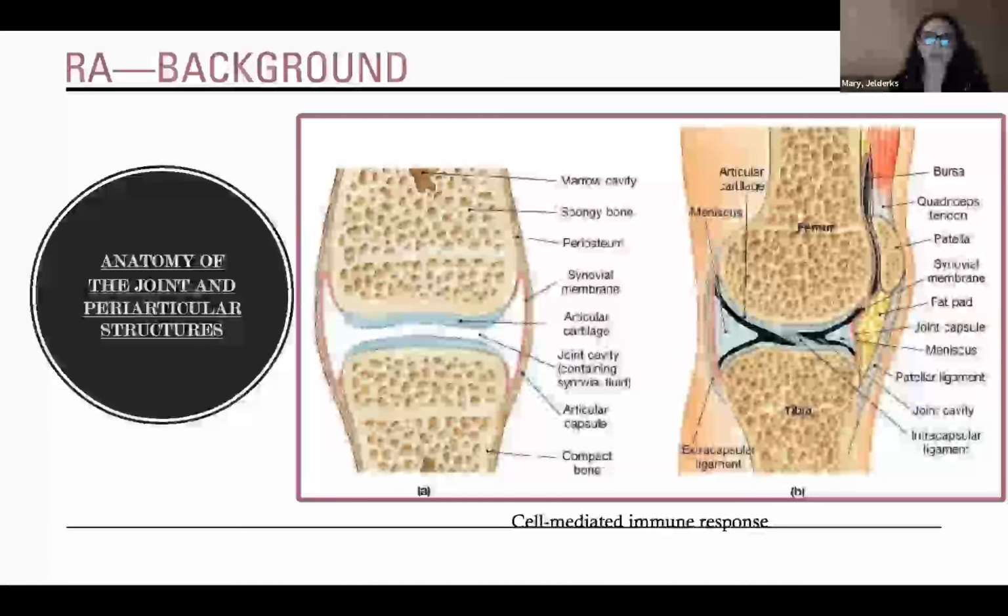Over time, of course, if there is damage, you see the erosions of that cartilage and the space. I do want to highlight, though, the synovial membrane here in pink, that little lining, is what we are going to be really honing in on when it comes to rheumatoid arthritis. It's a very active component that becomes inflamed when we're talking about rheumatoid arthritis.